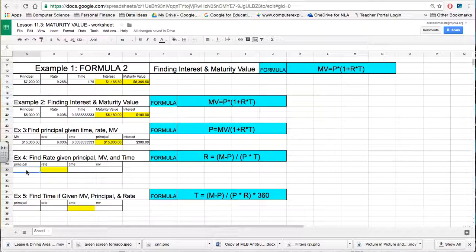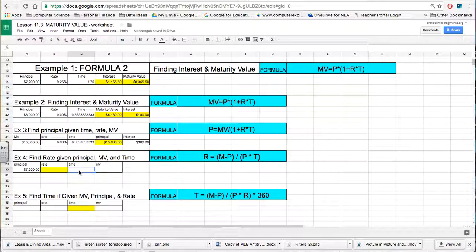Example number 4. Example 4, they give us the principal, maturity value, and time. They want us to find the rate for this one. So the question says, Lynn invested a principal of $7,200, received a maturity value of $7,540 in 200 days. Find the interest rate. So let's enter in what we know. $7,200.